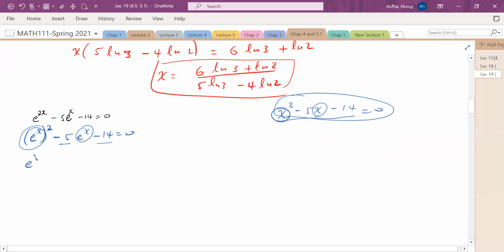So we have (e to the x) squared minus 2, this has to be plus, e to the x minus 7 e to the x minus 14 equals 0.